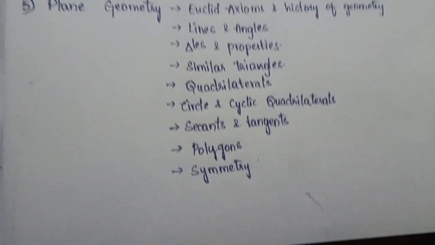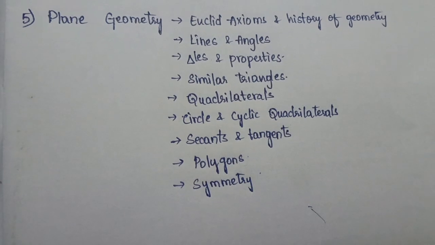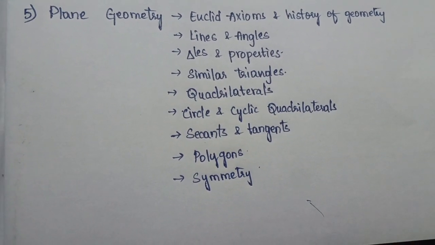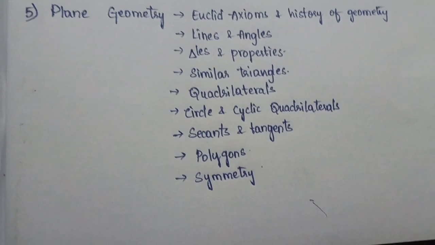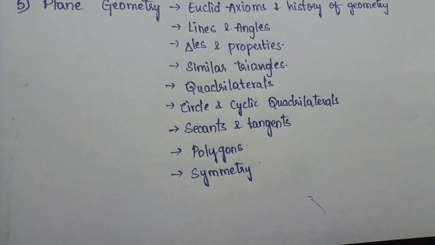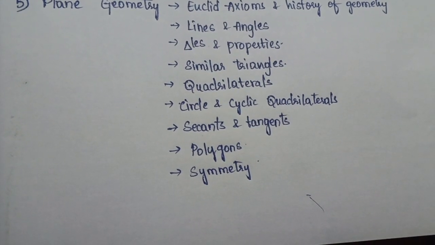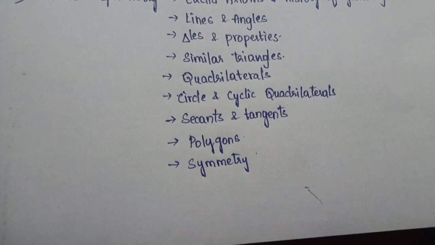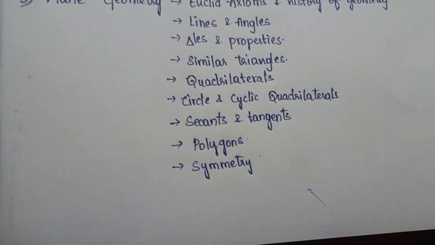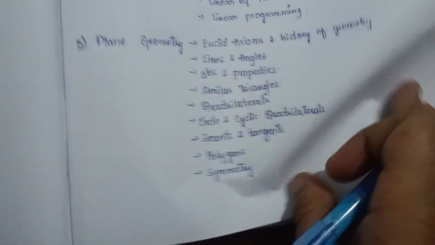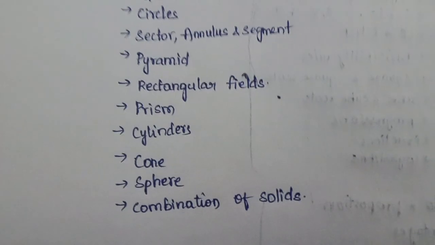Then lines and angles, like obtuse angle, acute angle, right angle, straight line. You have to know all this, I'll make it simple, don't worry. Triangles and properties, similar triangles, quadrilaterals, circles and cyclic quadrilaterals, secant and tangent, polygons and symmetry are the subtopics of plane geometry.